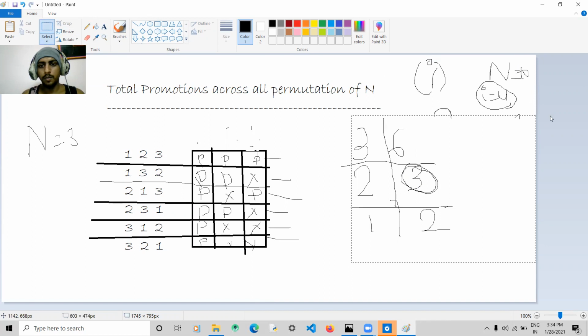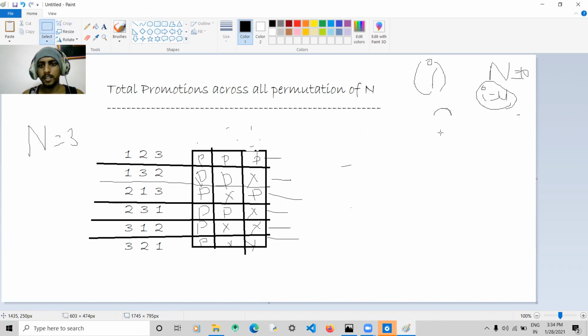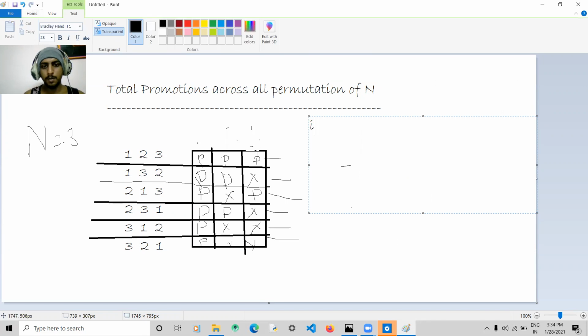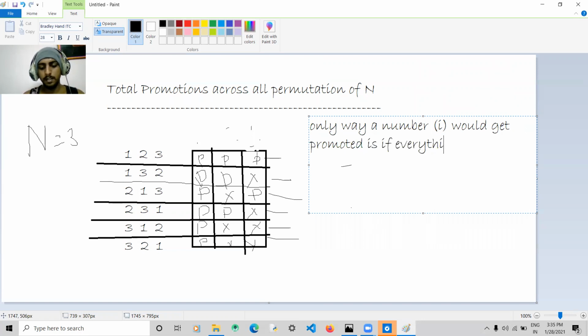The only way a number i would get promoted, by definition, is if everything on its left is smaller than i.